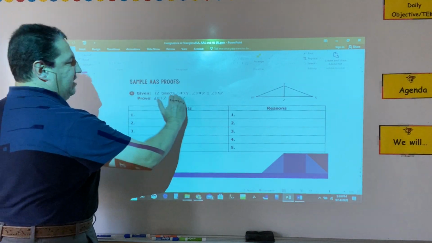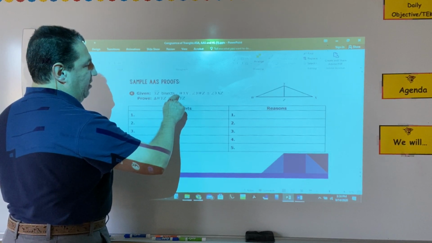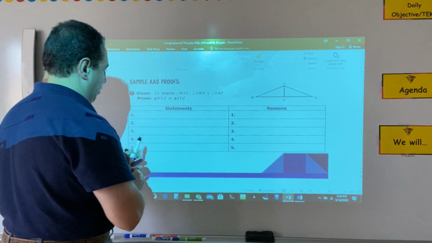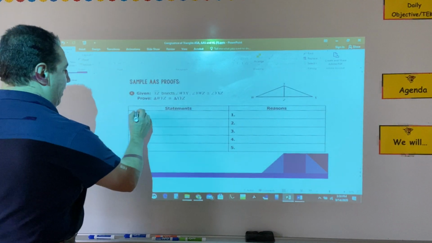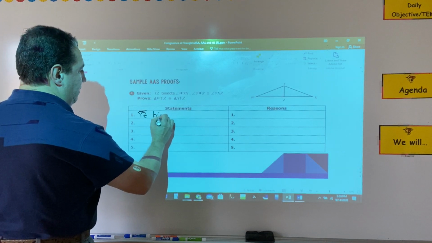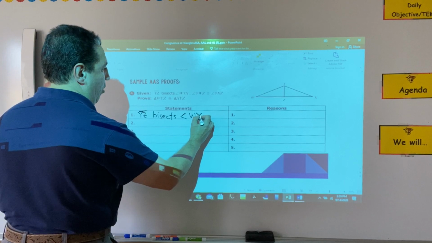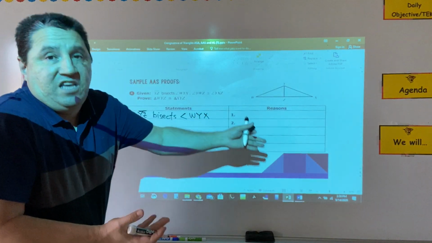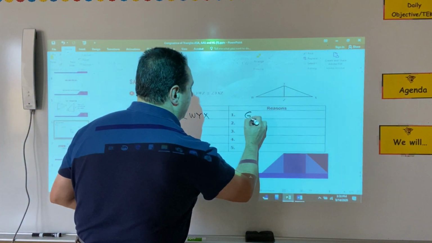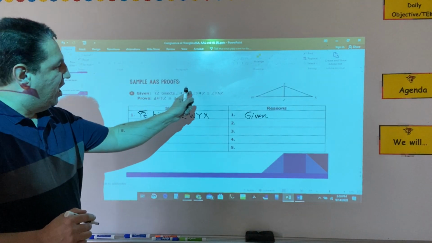So we have a few things given. We know YZ bisects angle WYX. So we write here YZ bisects angle WYX and is given. Good. What else is given?